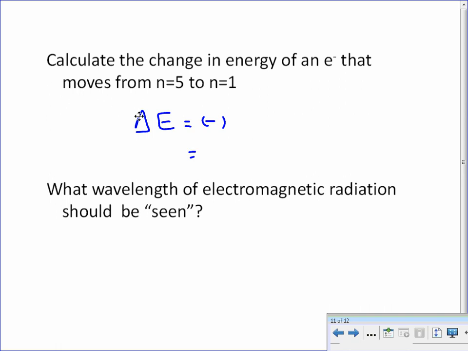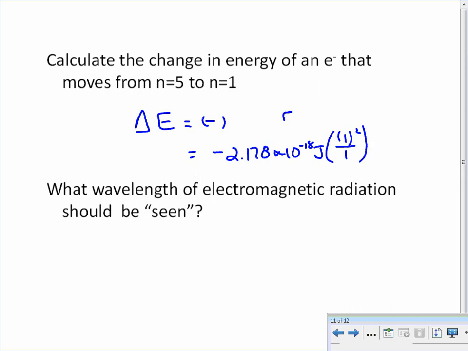So using Bohr's model, we're going to do negative R, which is 2.178 times 10 to the negative 18 joules, times, for the final minus initial, the final is 1 squared, which we know is 1, over 1. That's the energy level.